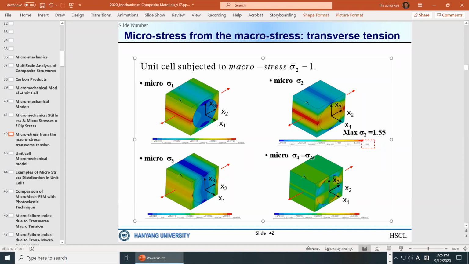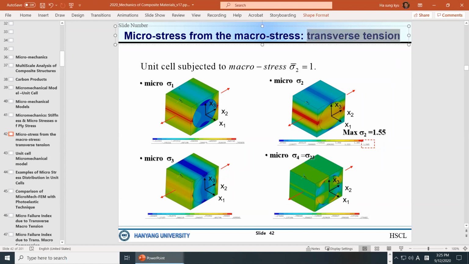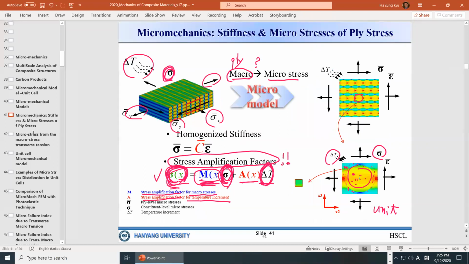And then we can have sigma 1, sigma 2, sigma 3, sigma 4, and so on. Under the transverse stress sigma 2, we can have 6 components of stresses. As you can see, among these, 2 of them are 0. Only these 4 of them are non-zero. And what does this color represent?